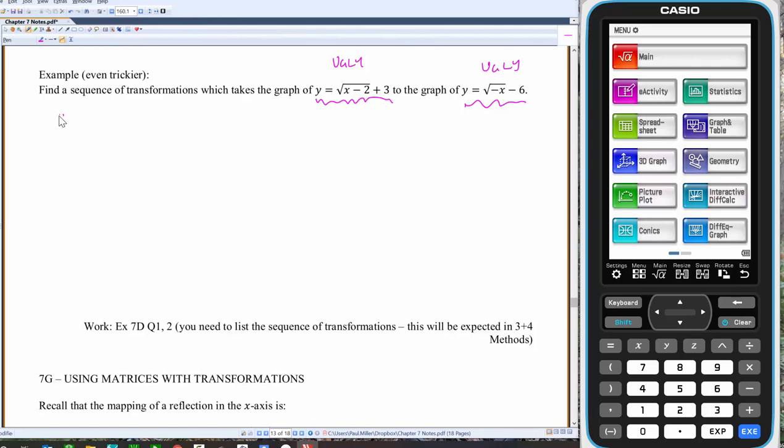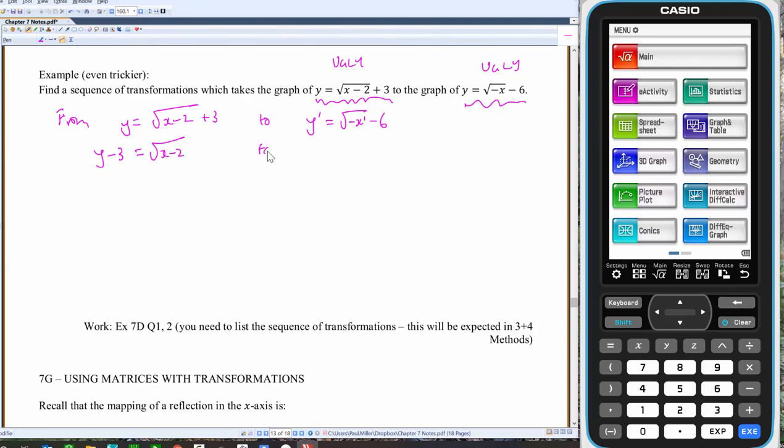Anyway, here we go. What we're going to do is write from y equals root x take 2 plus 3 to y dash equals root negative x dash take 6. Let's get these ready to pair up. y take 3 equals root x take 2.